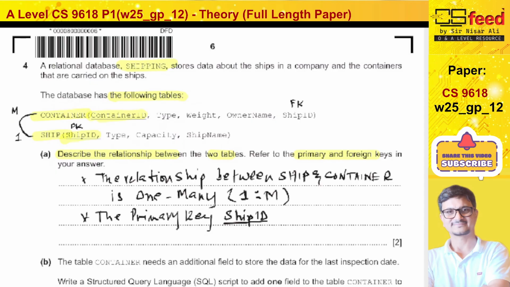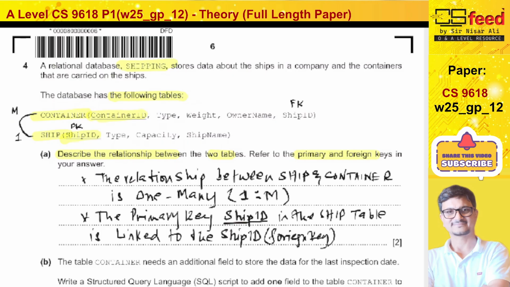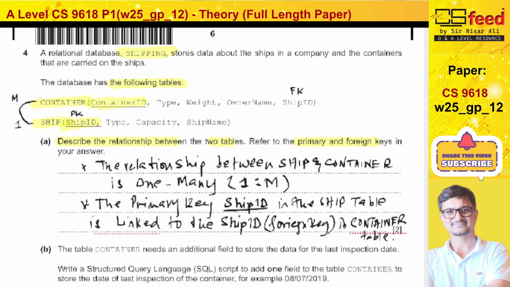Ship ID in the ship table is linked to the ship ID, which is the foreign key in container. We don't need to underline it here. All right, so this is how we explain it.